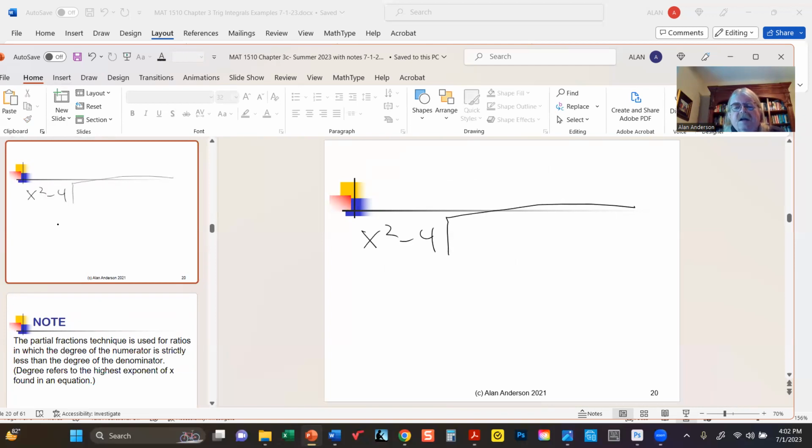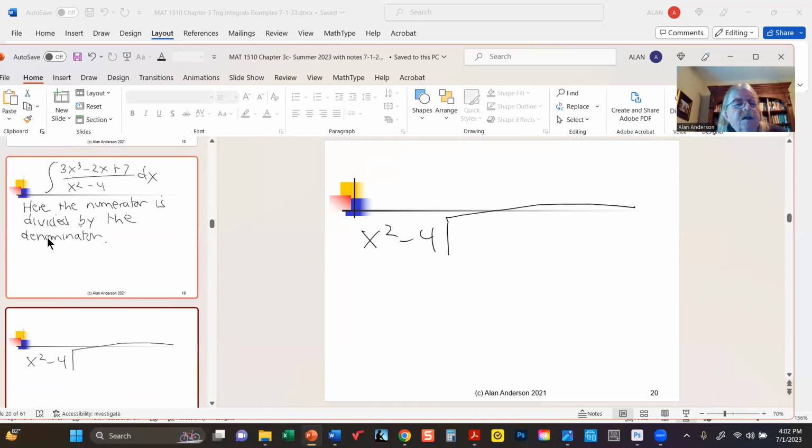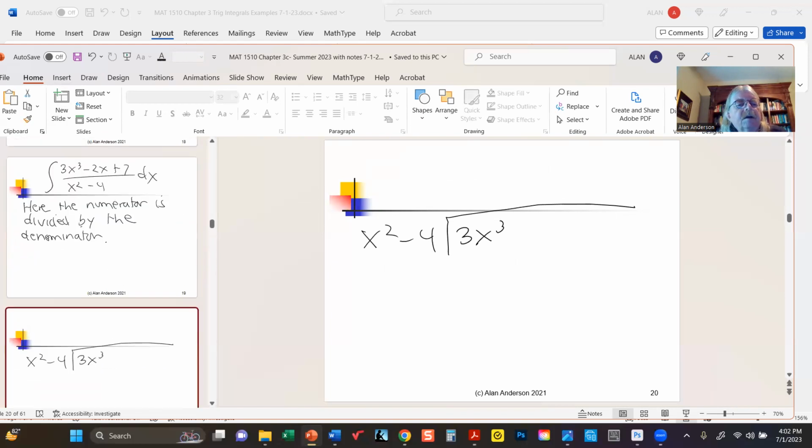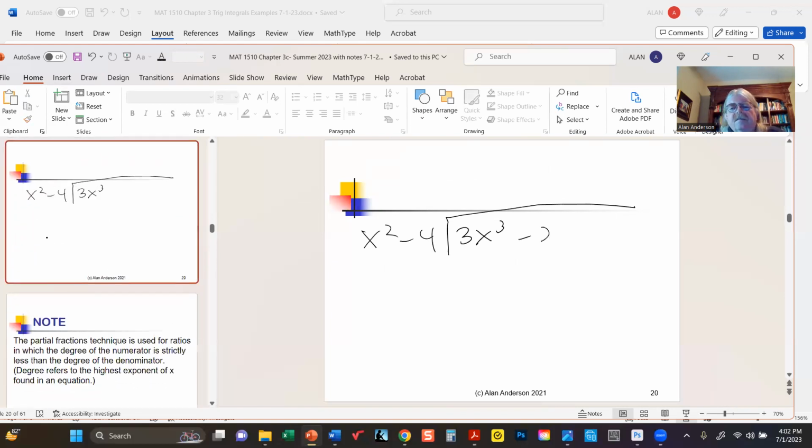is use a process which is similar to long division: x squared minus 4 into 3x cubed minus 2x plus 7. So what you're going to do is find some term. We need to get rid of this 3x cubed. So something which I multiply by x squared minus 4.